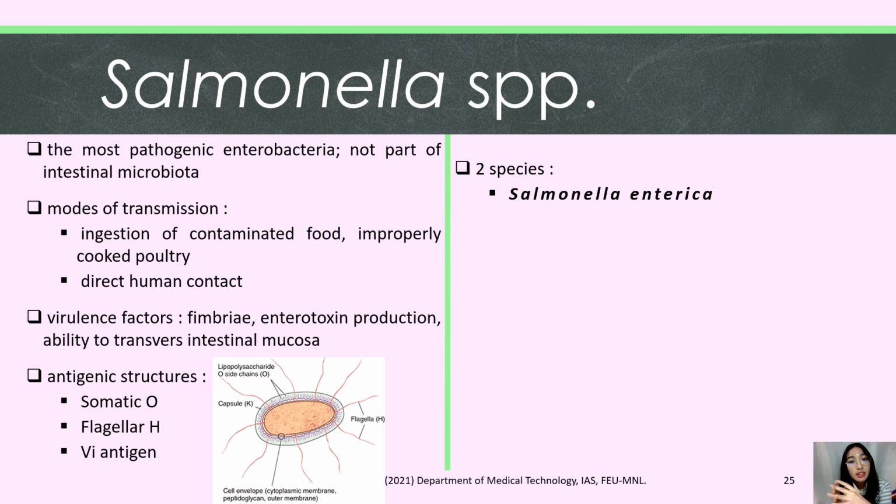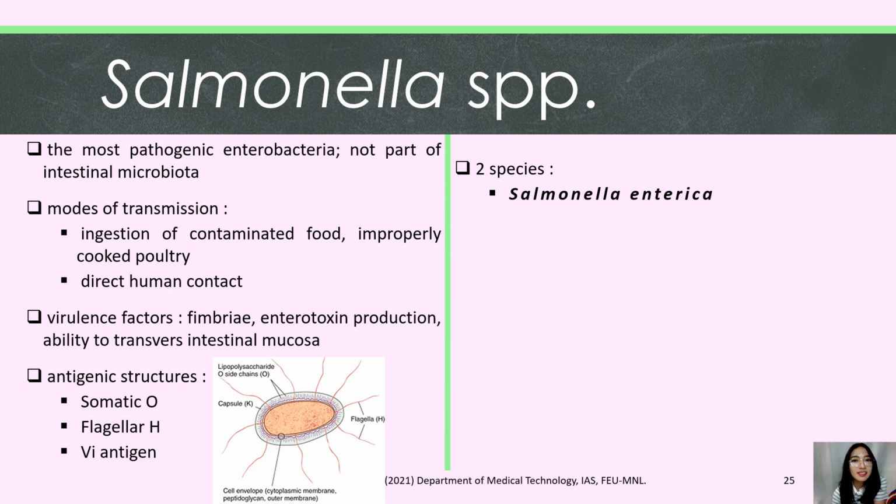And lastly, Salmonella species also have the capability to move across the intestinal mucosa. Okay, so Salmonella species have antigens that are similar to those of other enterobacteria. Meron din po silang somatic O antigens and flagellar H antigens, and these serve as the primary antigenic structures used in the serologic grouping of Salmonella species.